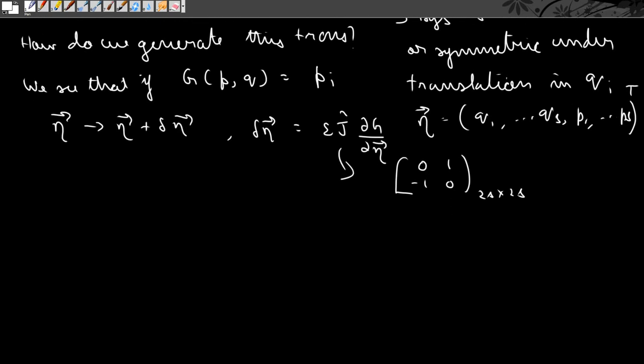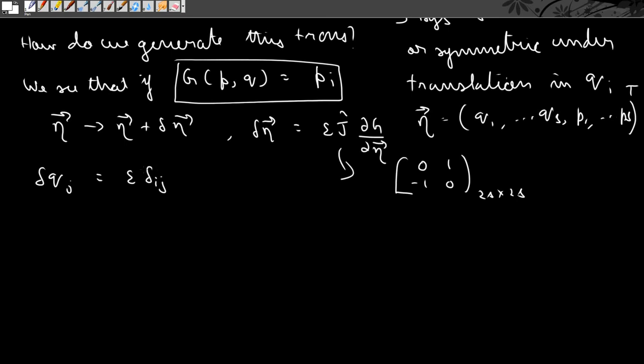Having said this, if we choose G to be of this form, then we get that δQj is equal to ε δij, where this is the Kronecker delta function, and δPj is equal to 0 for all j.